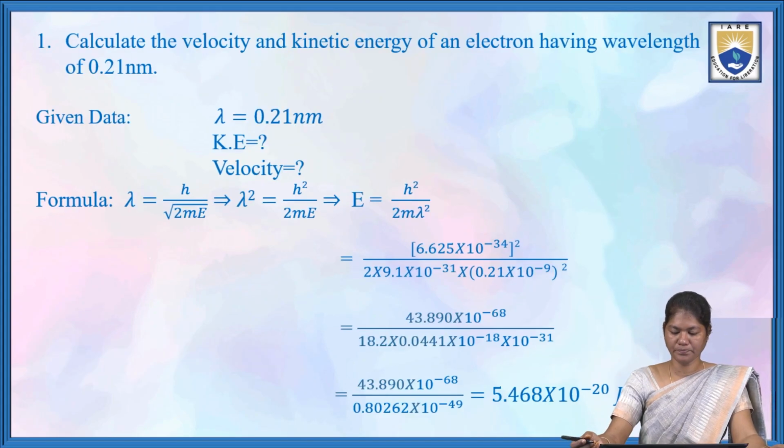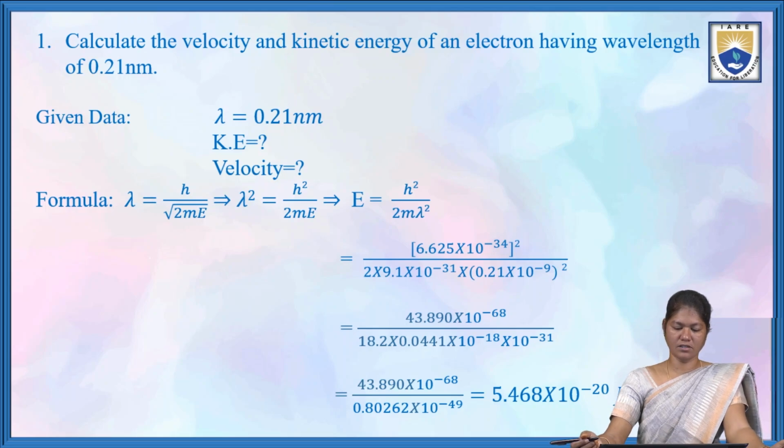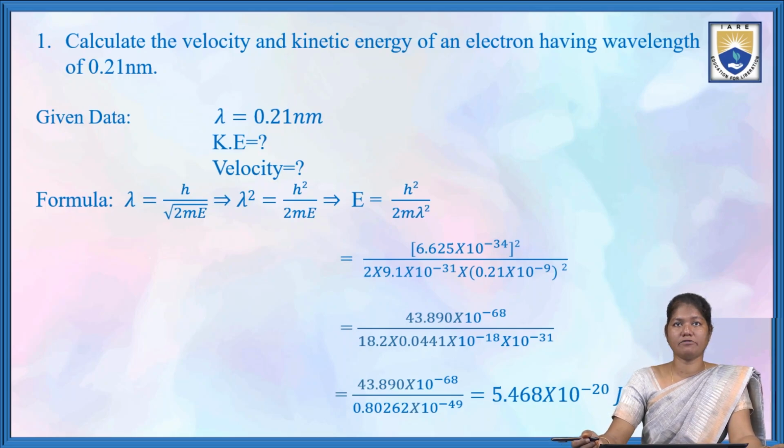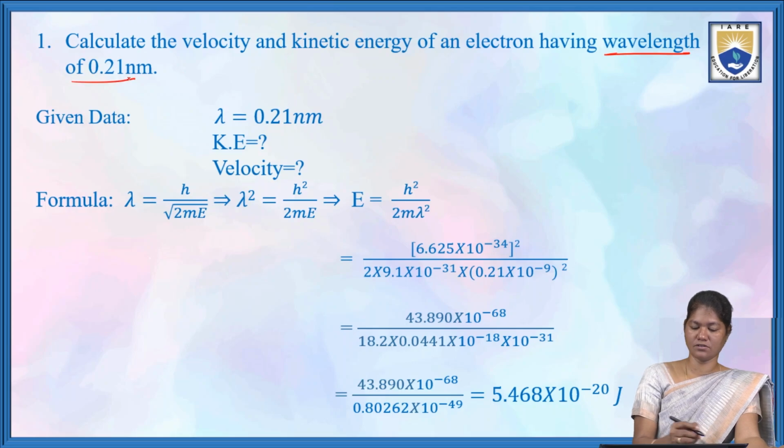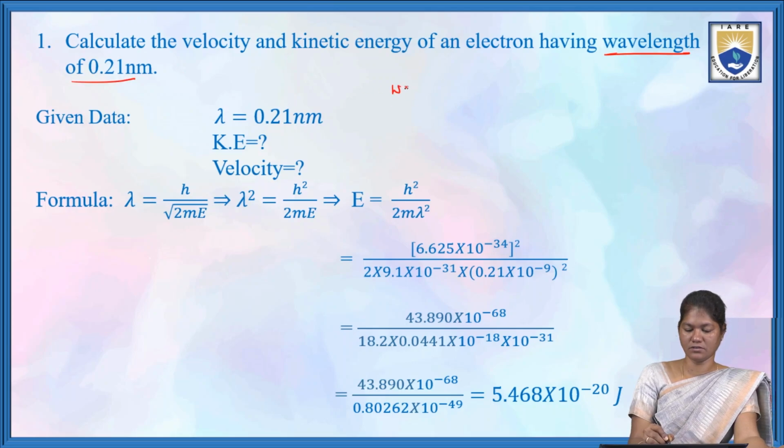So, the problem is: calculate the velocity and kinetic energy of an electron having a wavelength of 0.21 nanometers. The given data is wavelength lambda equals 0.21 nanometers.